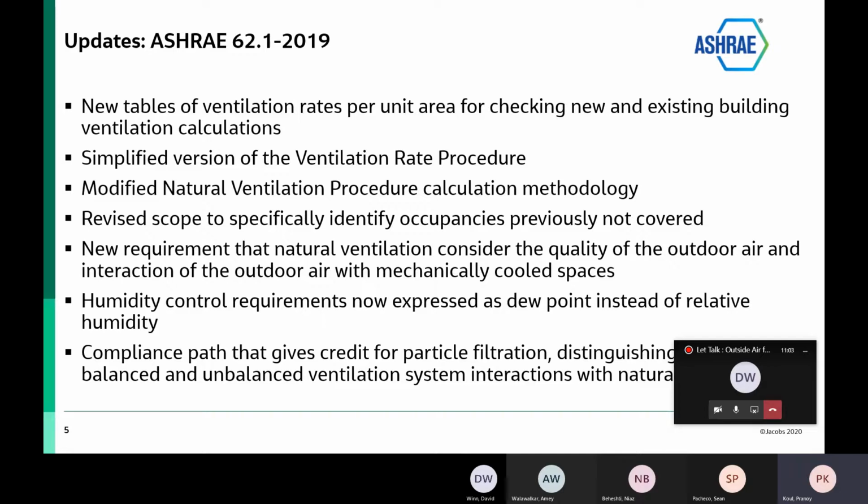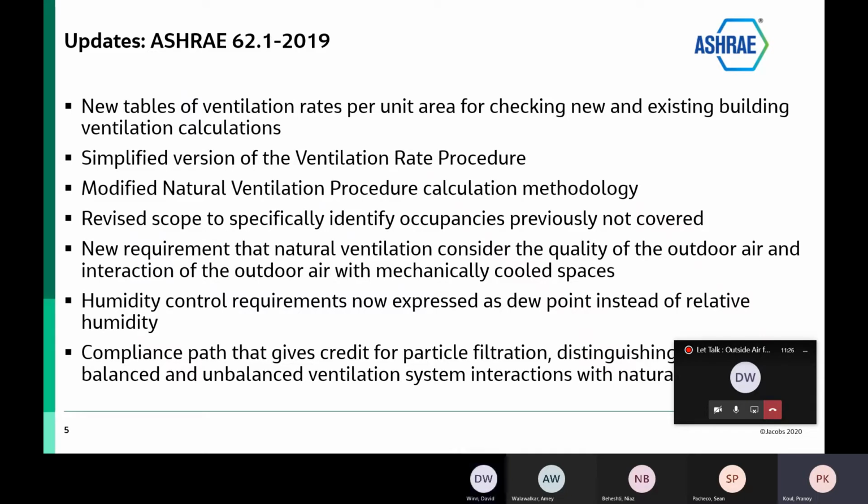There are new requirements that natural ventilation considers the quality of outdoor air and the interaction of outdoor air with mechanically cooled spaces. The humidity control requirements are now expressed as a dew point instead of relative humidity. Specification to dew point has been derived in this standard, along with the requirements of it.